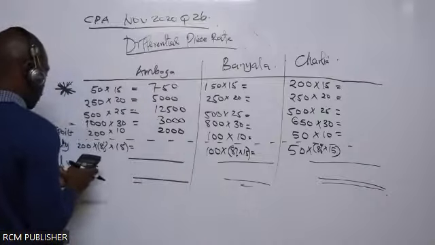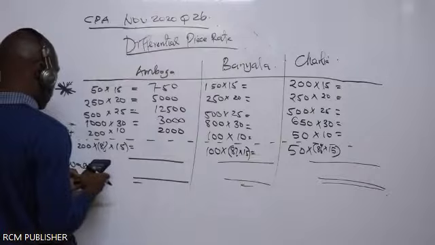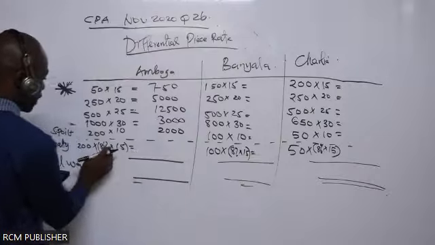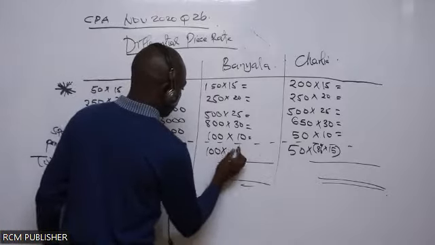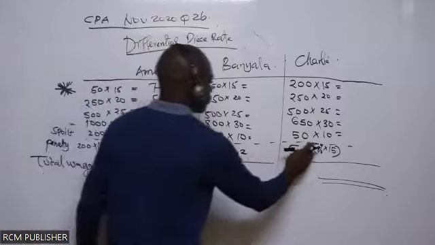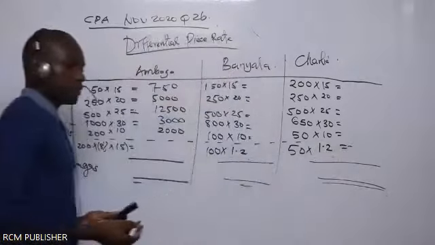Then here, 8% of 15 shillings will be 1.2. So the rate here is 1.2. The rate there is basically 1.2. That is what we have.